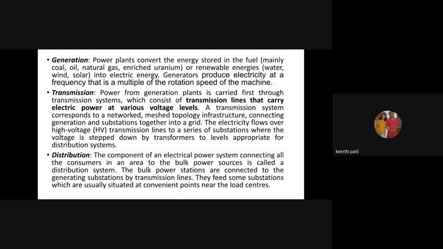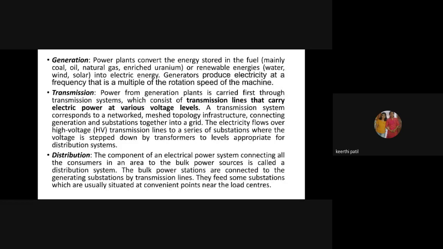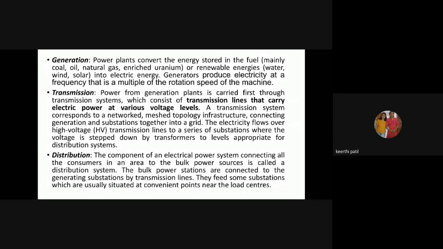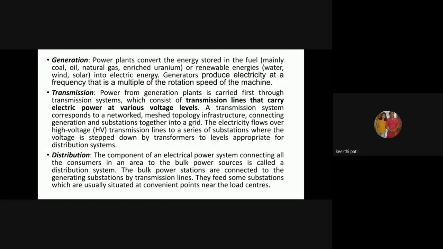From there, we have to step up the voltage using a transformer, obviously, and that has to be carried over long distance at that high voltage, then again stepped down, and then distributed. So the transmission occurs at that high voltage. This is the first thing. And second, before going to the distribution, it is the work of the transformer to step it down.